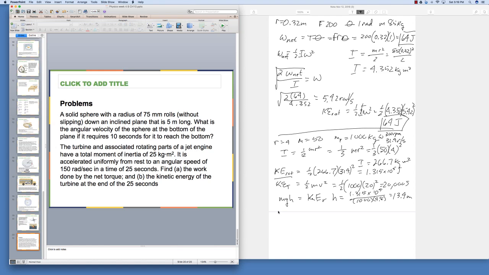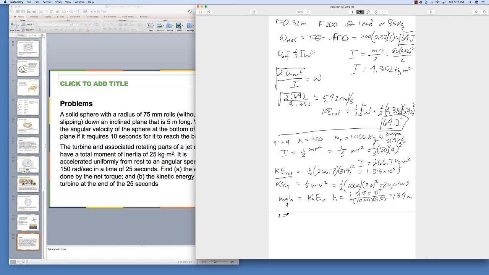Let's write down what we know. The radius of the sphere is 0.075 meters. The distance that it travels, a linear distance here, is equal to 5 meters, and it does it in 10 seconds. So its average linear velocity is going to be 0.5, because it's 5 meters divided by 10 seconds. We know that its initial velocity is 0, and the average velocity is the initial plus the final divided by 2.